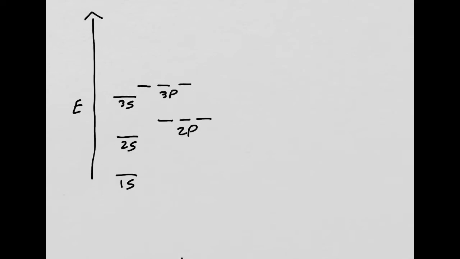So life is good. Life is really good right now. 1s, we go to the second energy level, 2s and 2p. We go to the third energy level, 3s and 3p. But you would think that after 3p, it should be 3d, but that's not the case. What comes after that is 4s, and then it becomes 3d.